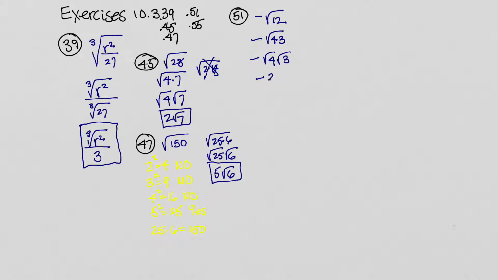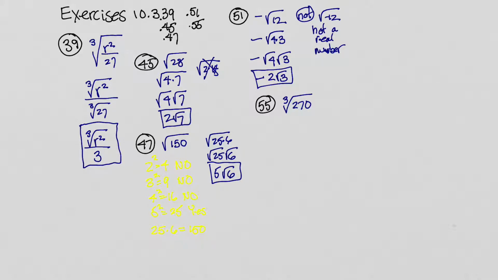So negative 2 square roots of 3. Let's just be careful here. This problem is not the square root of negative 12. This negative sign is outside, giving us the opposite of this number. We don't have the square root of a negative, because that one we know is not a real number.